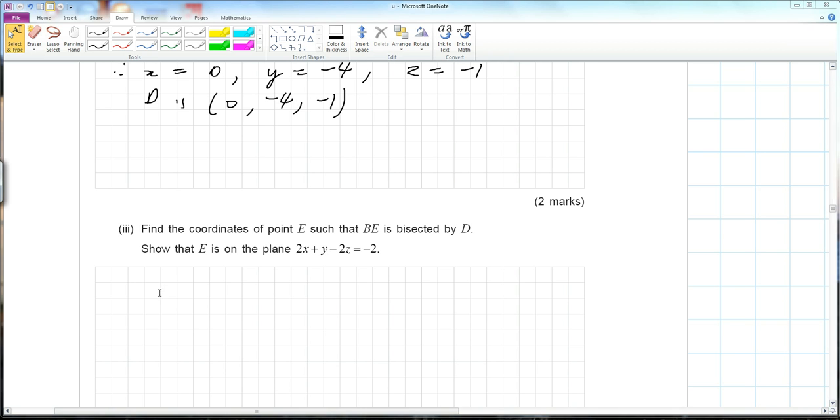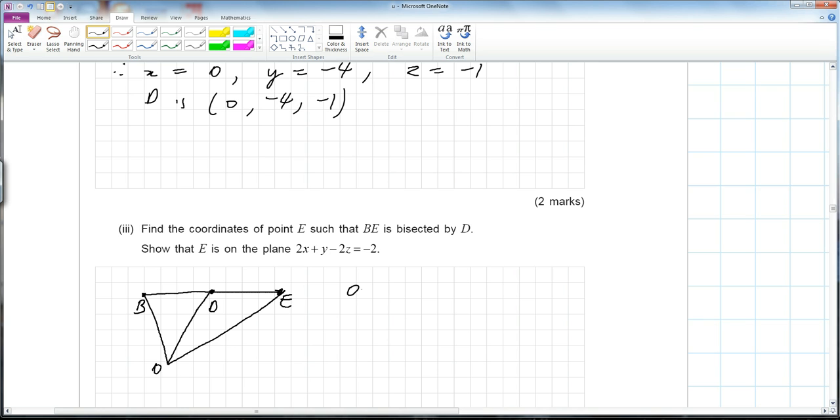Alright, so in the very last bit, we've got a line, we've got B, E, and D. We want to find out what E is, so we can show that OE, going from O to E, is the same as going OD plus BD.